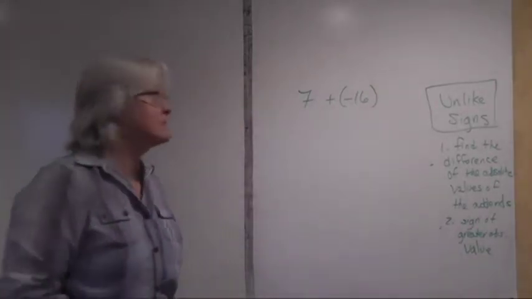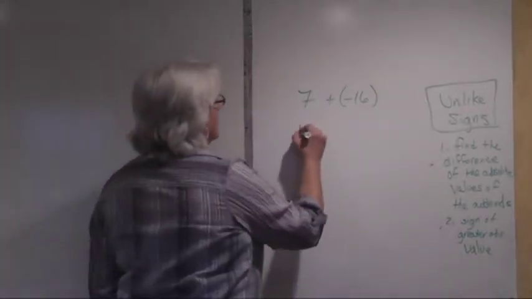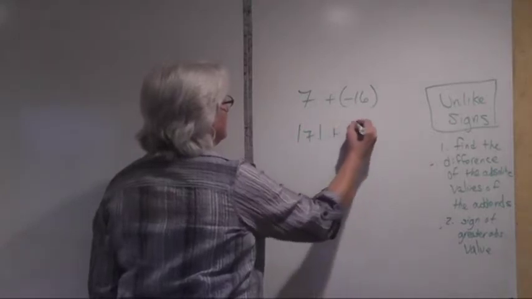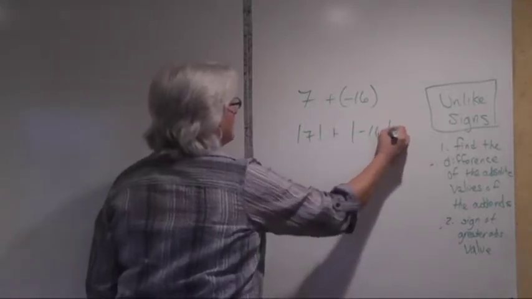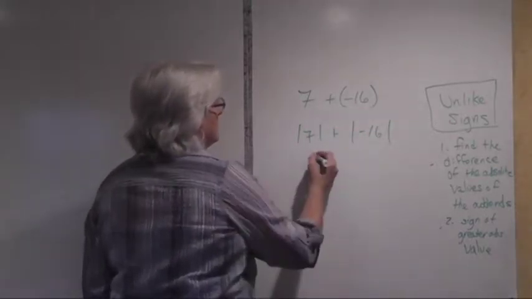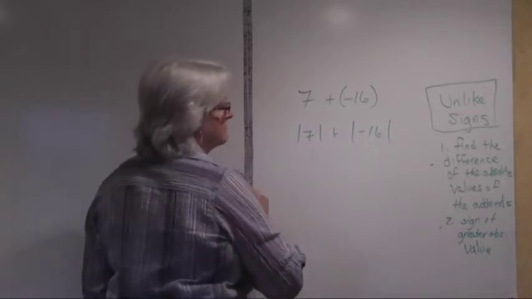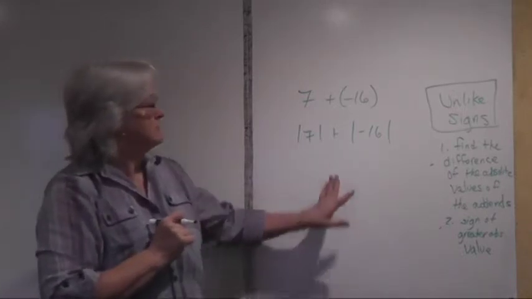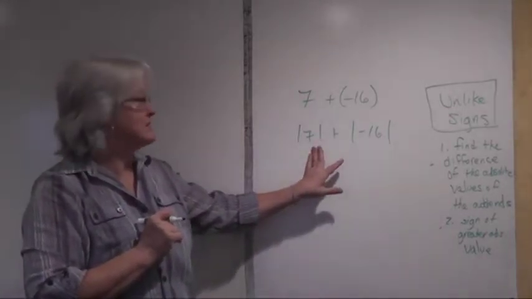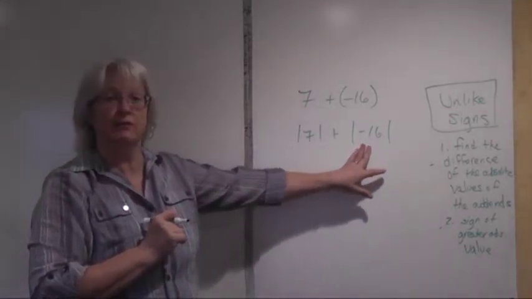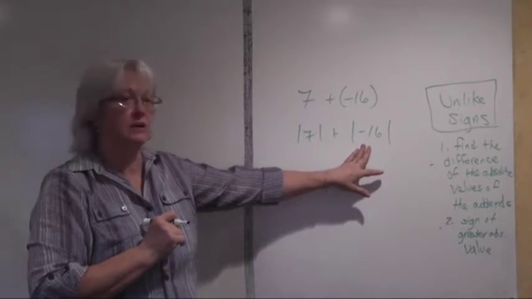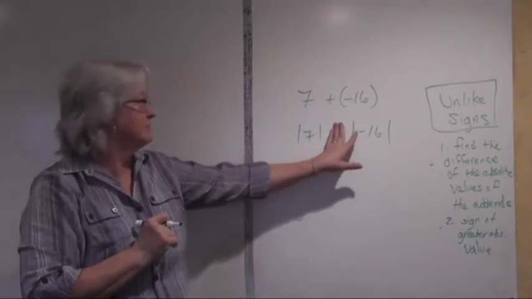We want to find their absolute values. The absolute value of 7 plus the absolute value of -16. Absolute value of 7 is 7. Absolute value of -16 is 16.